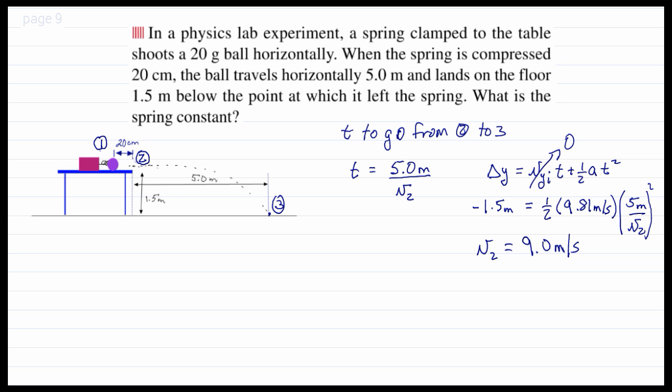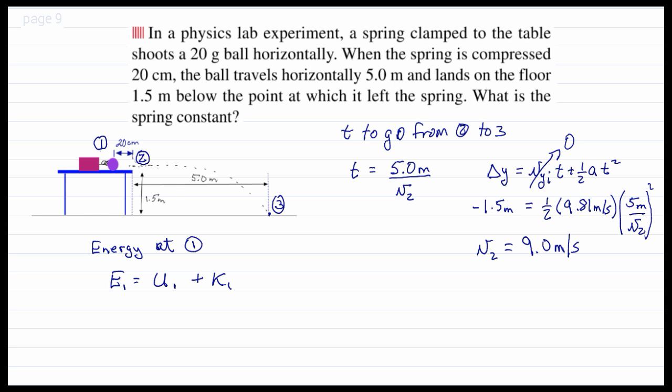So now we can turn to conservation of energy. So let's figure out the energy at position 1. That's going to be our initial energy. So E1 is the total mechanical energy, which is the sum of our potential energy at 1 plus our kinetic energy at 1.